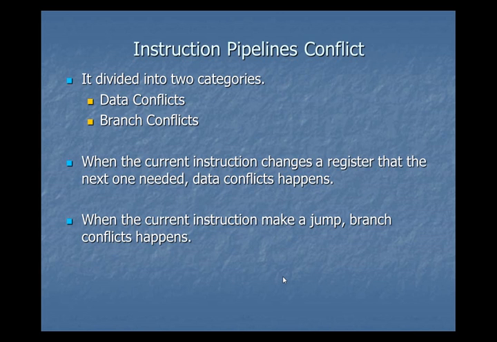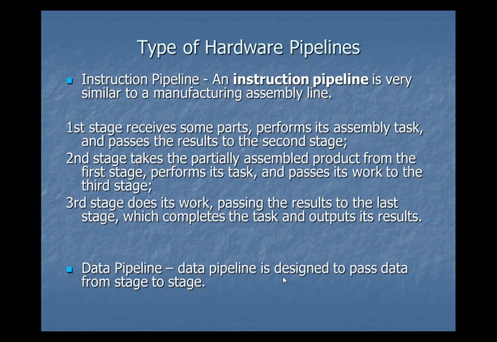So whenever the register changes from one register to another, that the next instruction needs, that is known as a data conflict. Then when the current instruction makes a jump, meaning a branching statement like if else or a while loop, then a branch conflict happens. So there are two types of conflicts: data conflict and branch conflict.